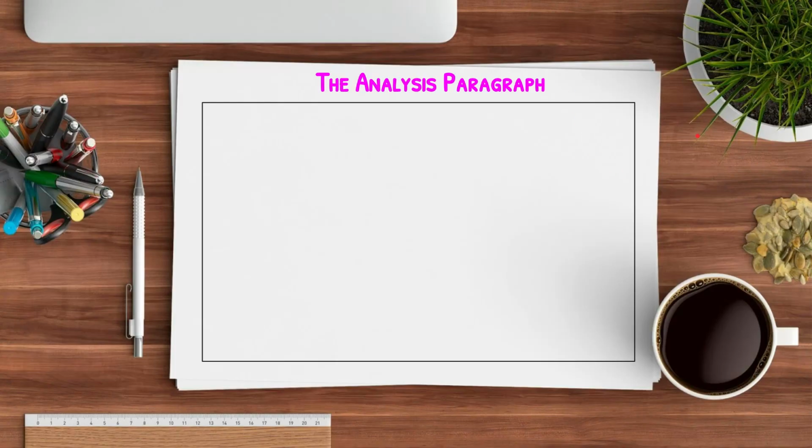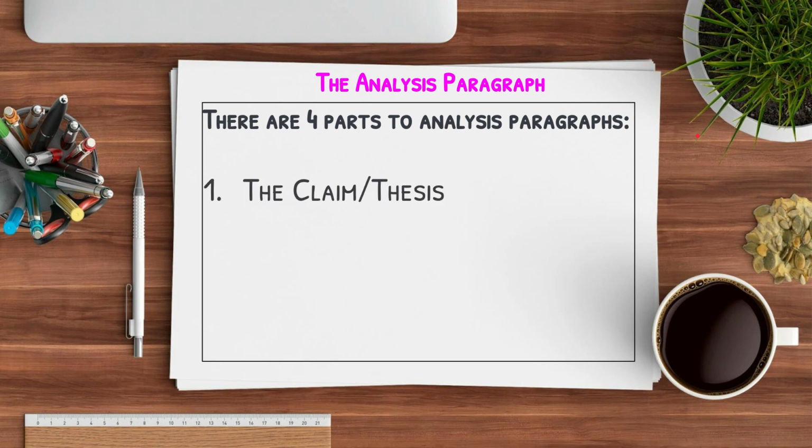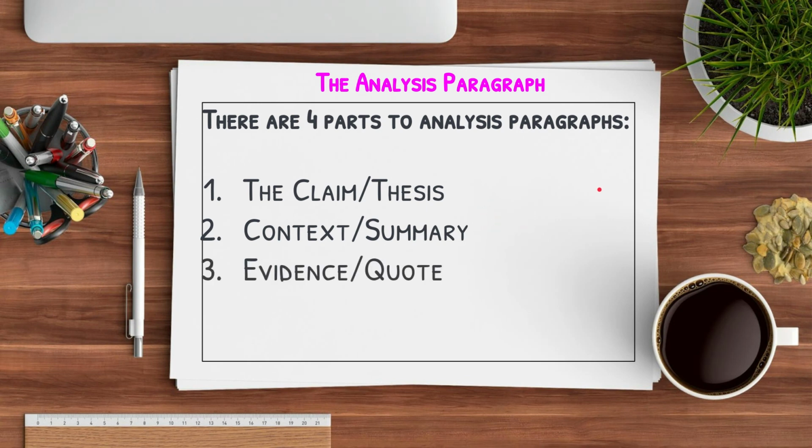The analysis paragraph has 4 parts. The first part is the claim or the thesis. The second part is the context or the summary, where you summarize what happens in the story, what's going on, who the characters are, etc. Part 3 is the evidence, or the quote that you're using to support your thesis.